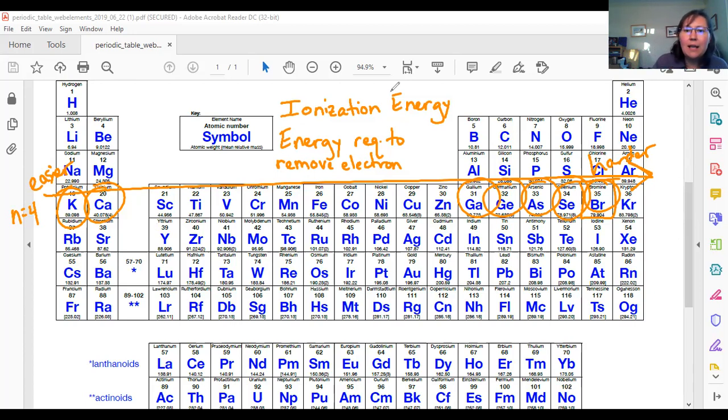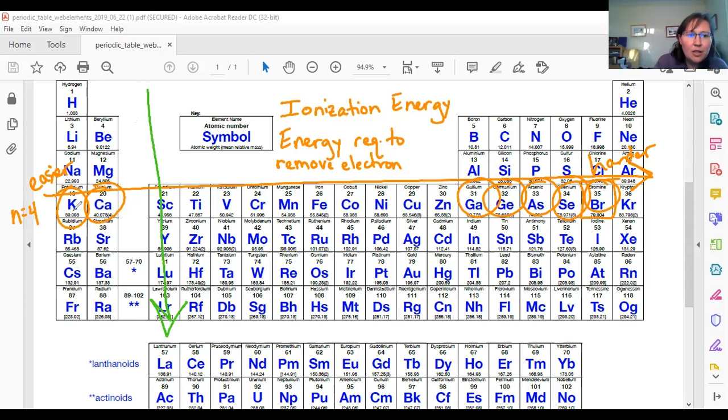Okay, now let's take a look at what happens when we move down the periodic table. So let's say that we're moving down the periodic table like this. As we go down each level, each energy level before it shields the outer electrons.